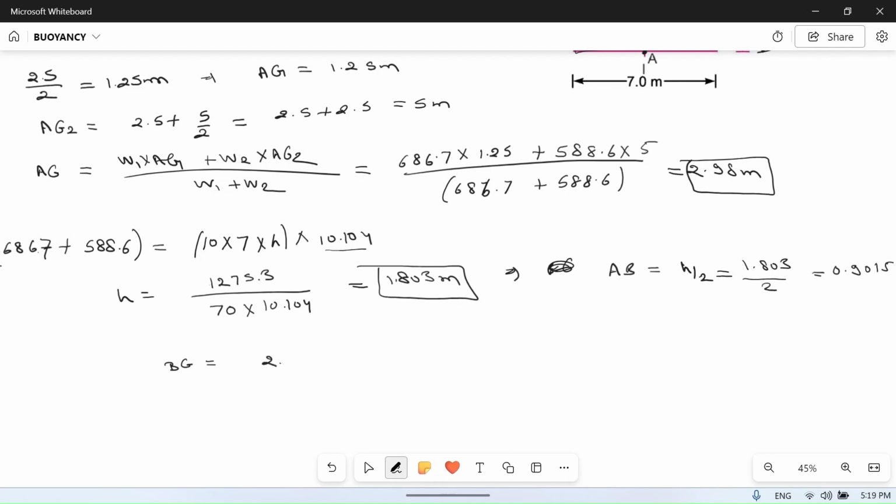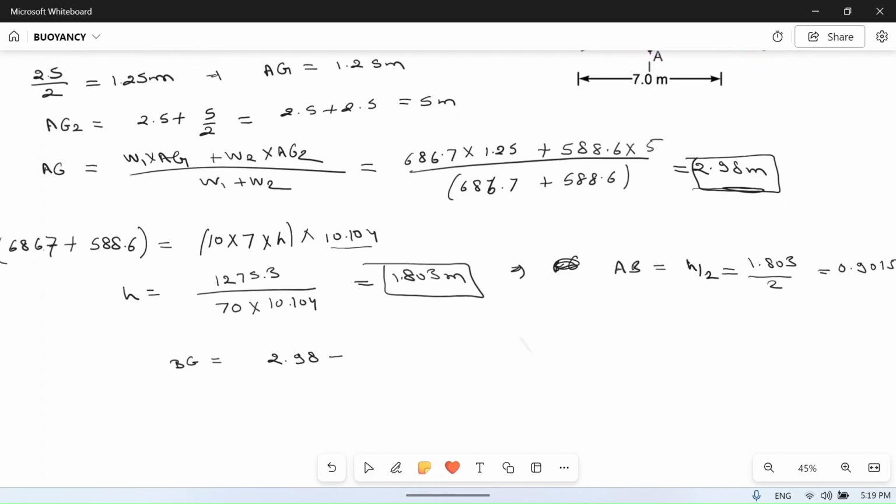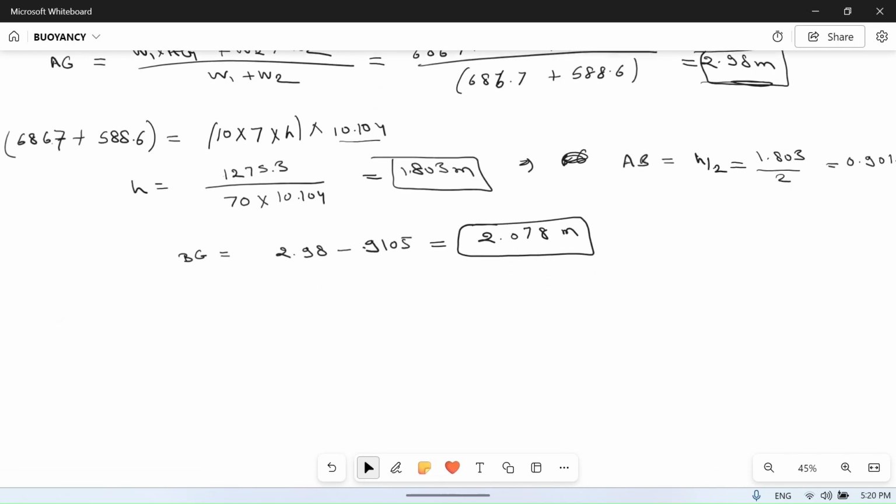So it is 2.98, which we have calculated, minus 0.9015, so it will become 2.078 meter. So this is BG. Now metacentric height GM is equal to I by V minus BG.